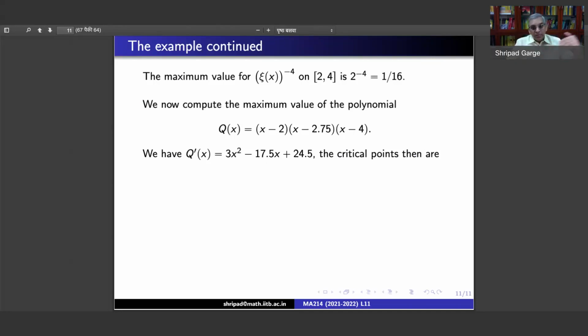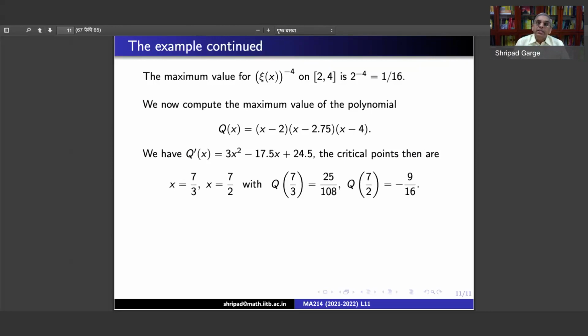You can also divide by 3 and take the 3 common. That way you will be able to write down the zeros, and you will see that the zeros are indeed 7 by 3 and 7 by 2. You can check that the sum of these two is indeed 35 by 6 and the product is 49 by 6.